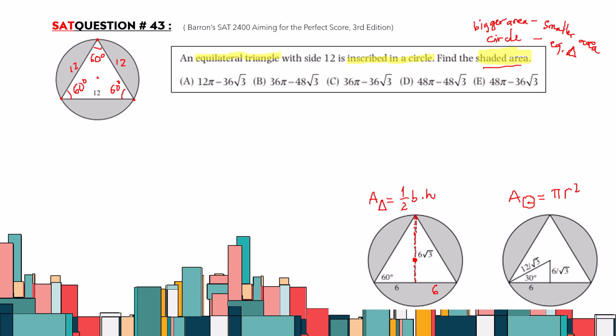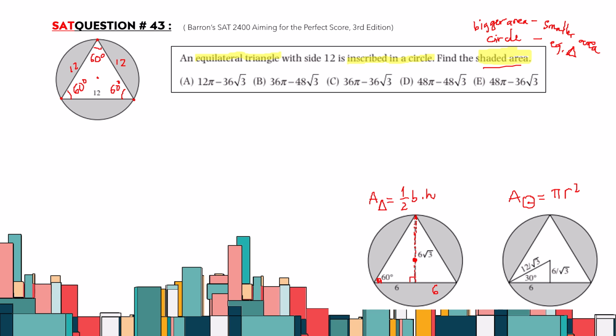That's why we have 12 total. Okay, and also we know that one angle of the triangle is 60 degrees, and this one is perpendicular. Whenever you connect one corner of the triangle to the center of the circle, you will have that perpendicular.